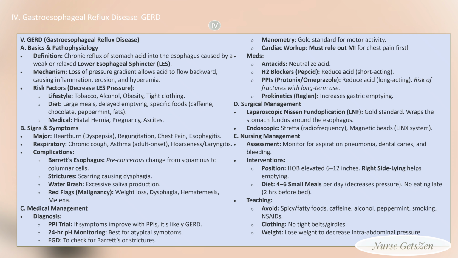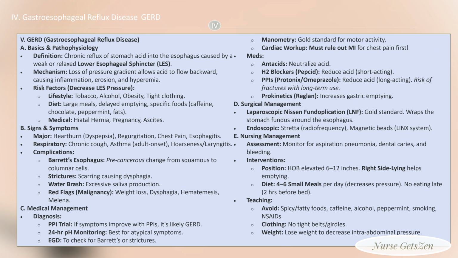Endoscopic and surgical management. We have the endoscopic treatments. The Stretta procedure uses radiofrequency energy to reduce pain by decreasing vagus nerve activity, and endoluminal gastroplication tightens the LES with sutures.